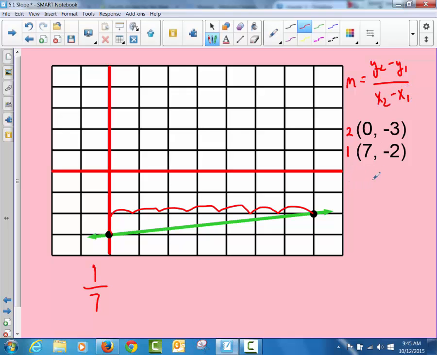So y2, here's the y, -3, minus -2 over 0 minus 7. So -3, this becomes a plus because it's minus minus. So -3 plus 2 gives us -1. 0 minus 7 gives us -7. If we simplify this, a negative divided by a negative gives you a positive. So that gives you positive 1/7, which is the same answer we got by counting.